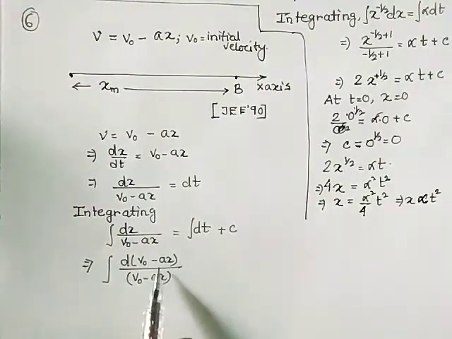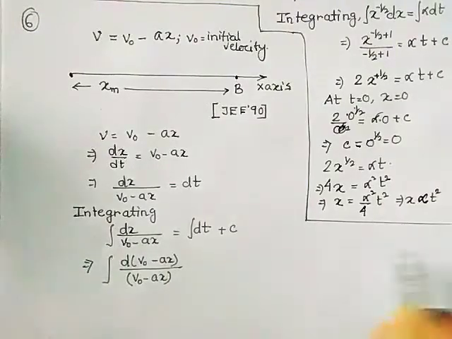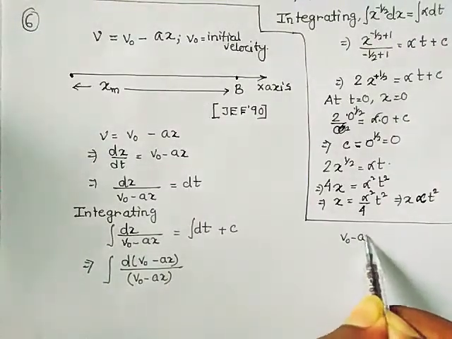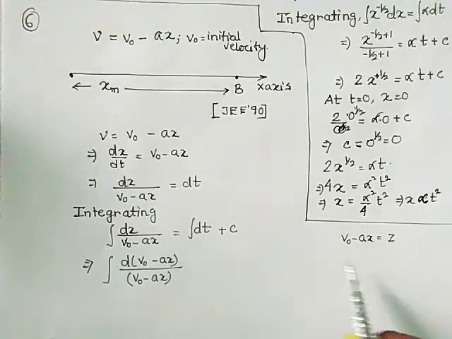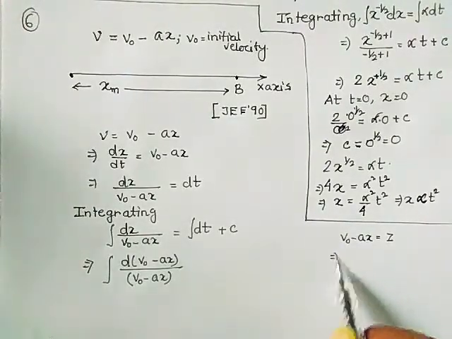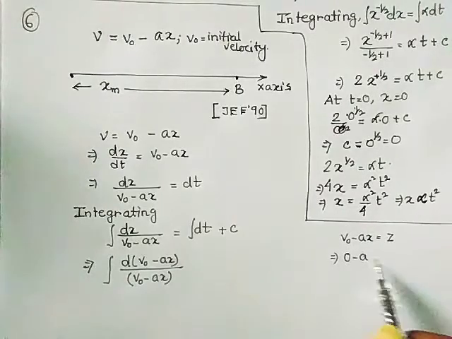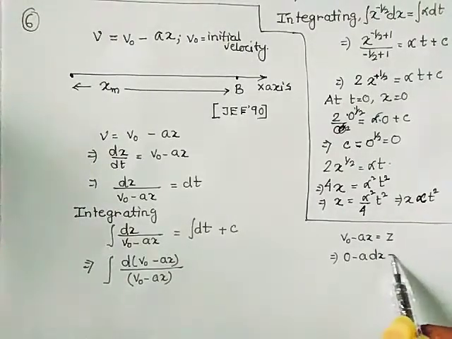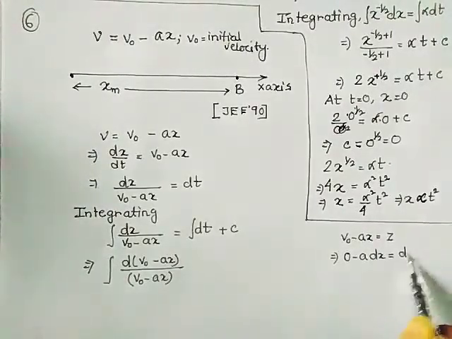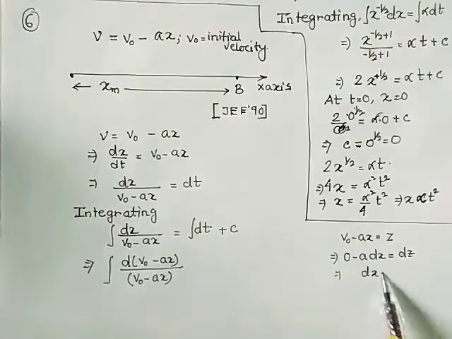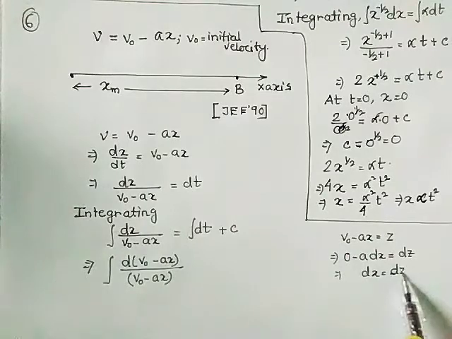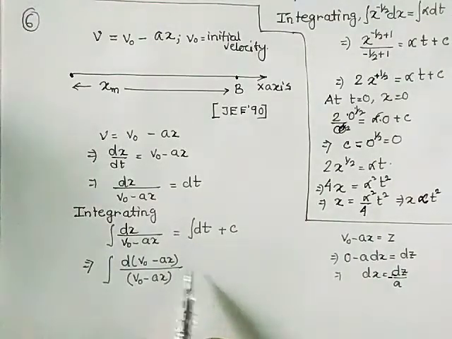If I differentiate v naught minus ax, just look at this, this is basically the procedure of substitution. If I consider this as z, then I can say 0 minus a dx equals dz. So basically dx equals dz divided by minus a.